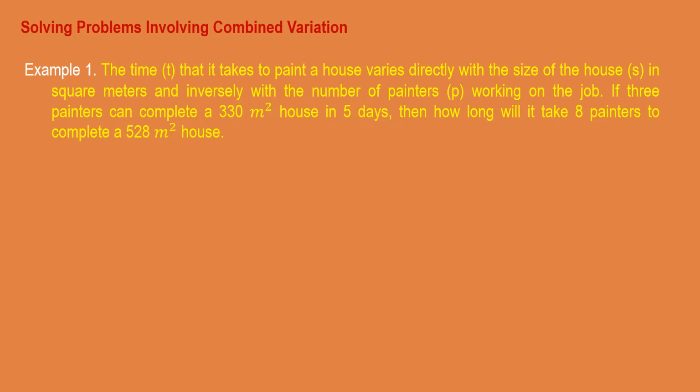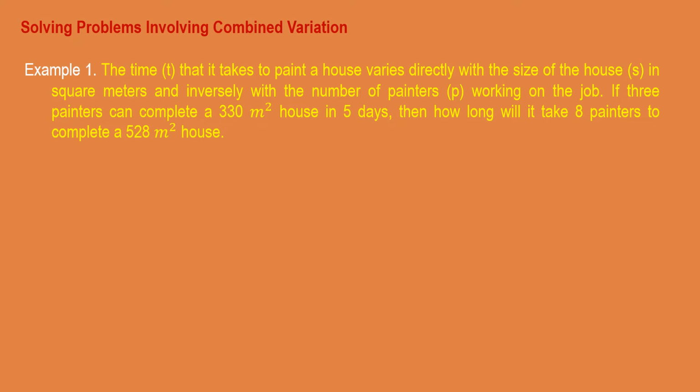For our first problem, the time that it takes to paint a house varies directly with the size of the house in square meters and inversely with the number of painters working on the job.